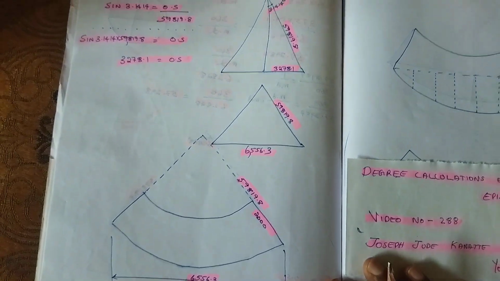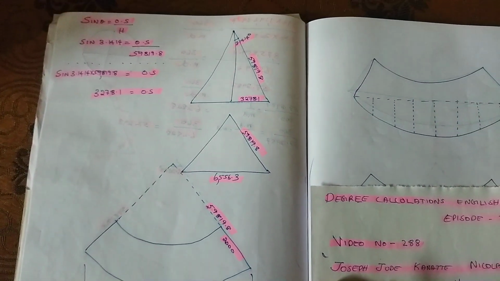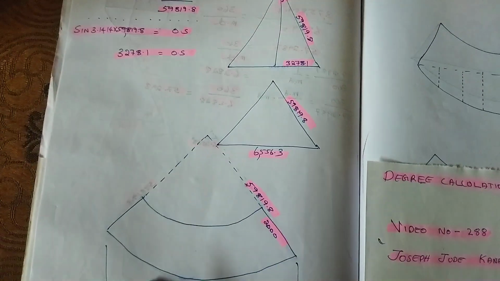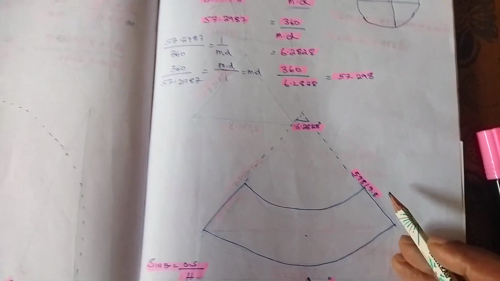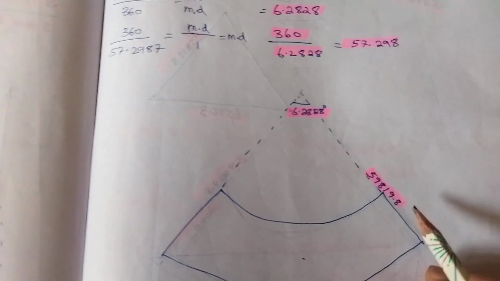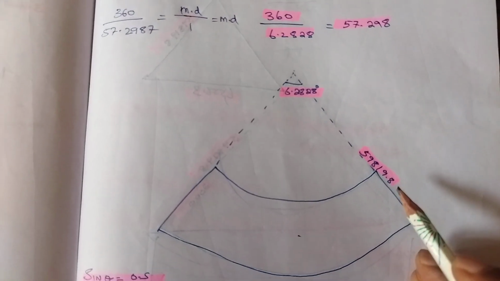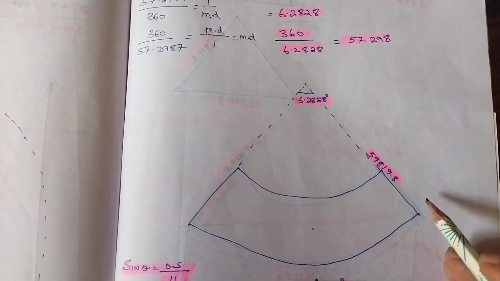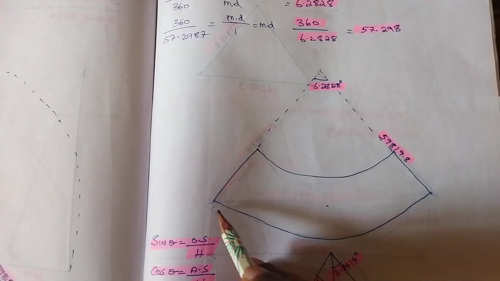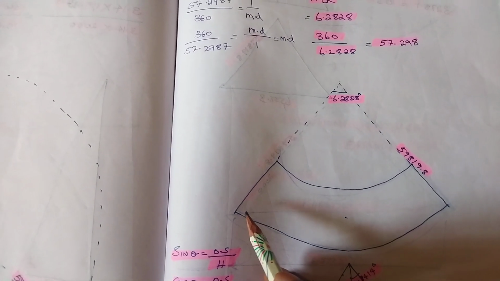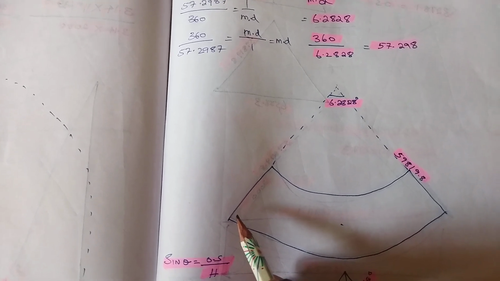For recognizing that measurement, we used this length, 59,819.8, and from here to here is 6,556.